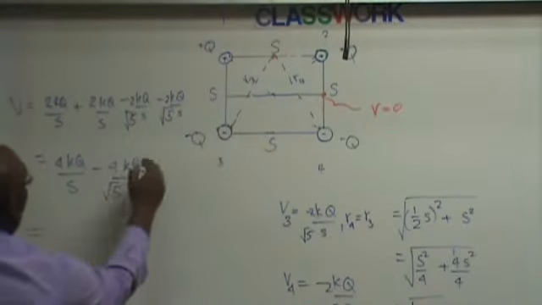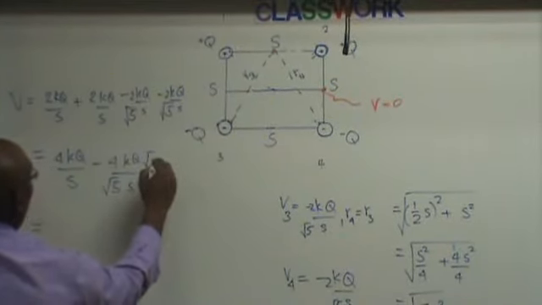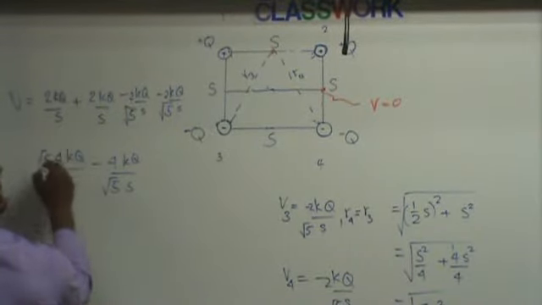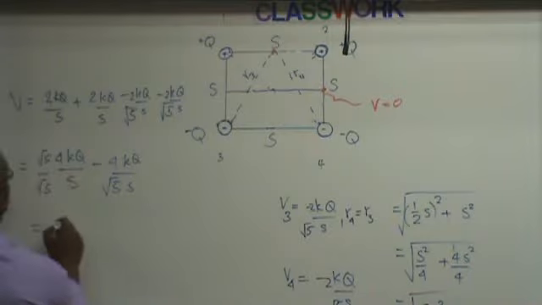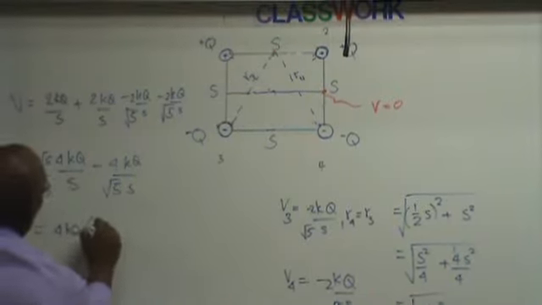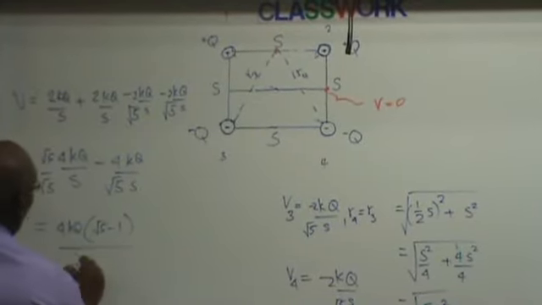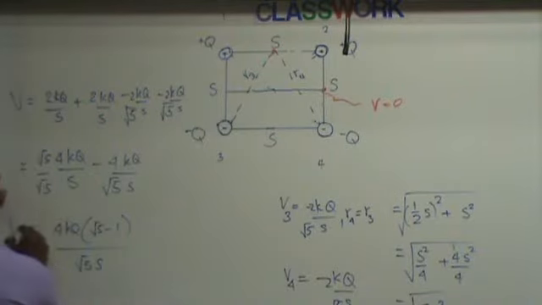If I multiply both sides, top and bottom by the square root of 5, square root of 5. That's going to give me, let's see, 4 KQ, square root of 5 minus 1 over 5 square root of 5S. Okay, that's my total V.